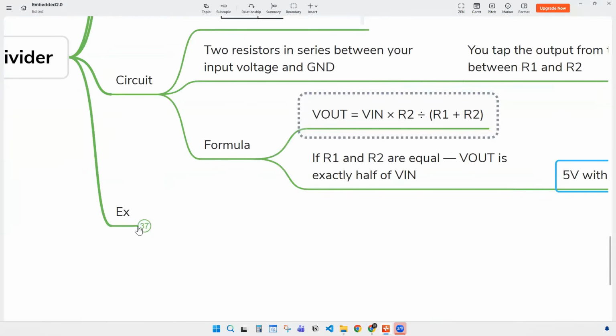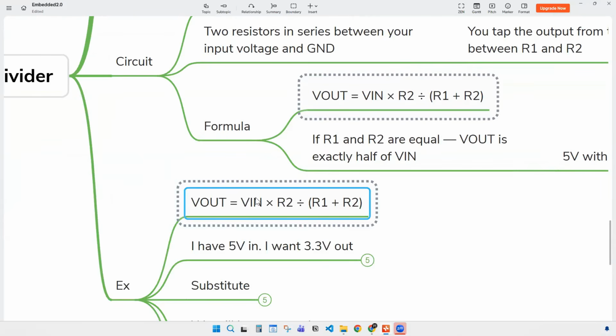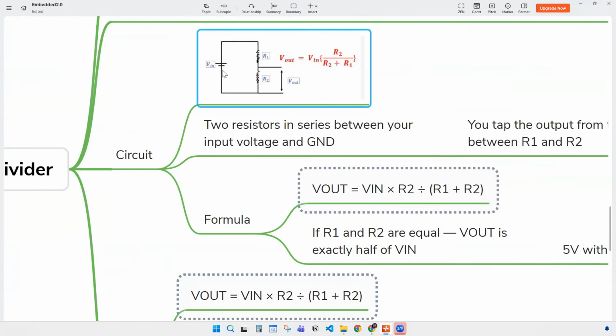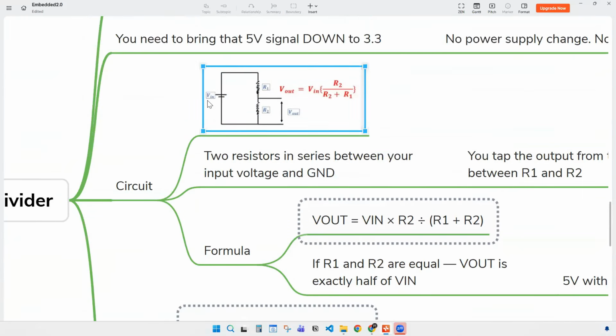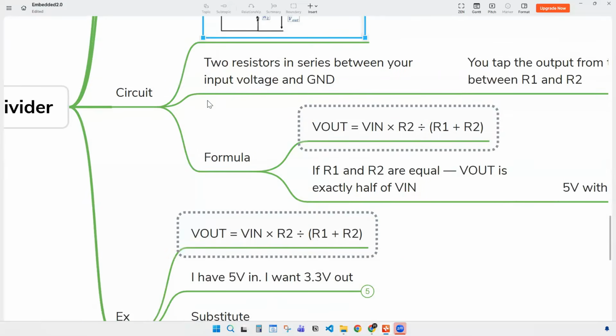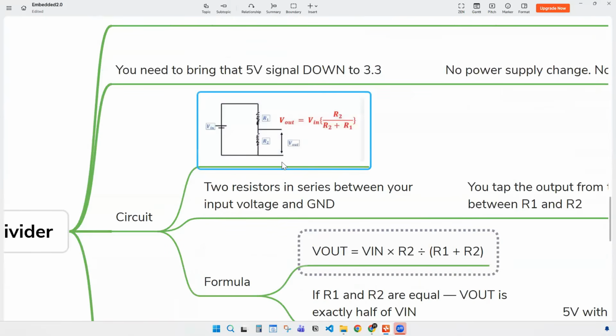Now, let us solve a problem: how to substitute into the formula and how to calculate it. I'll be teaching you right now. In this example, the formula is V out equals V in multiplied by R2 divided by R1 plus R2. Clear? Say we have an input voltage of 5 volts, like any power supply, and we want 3.3 volts as output.